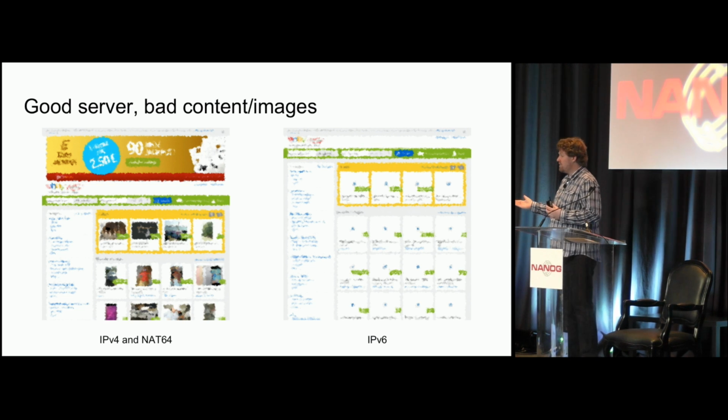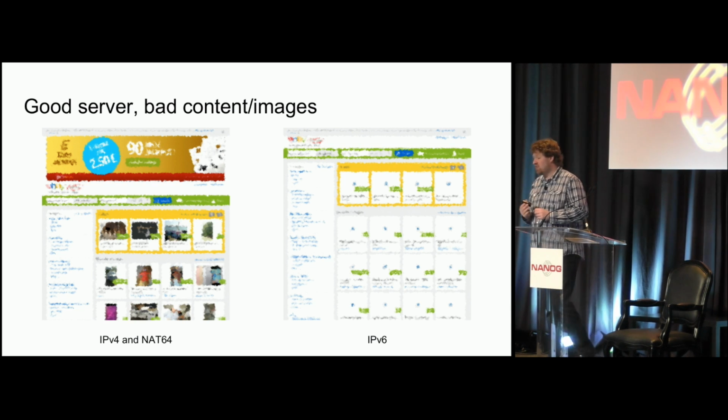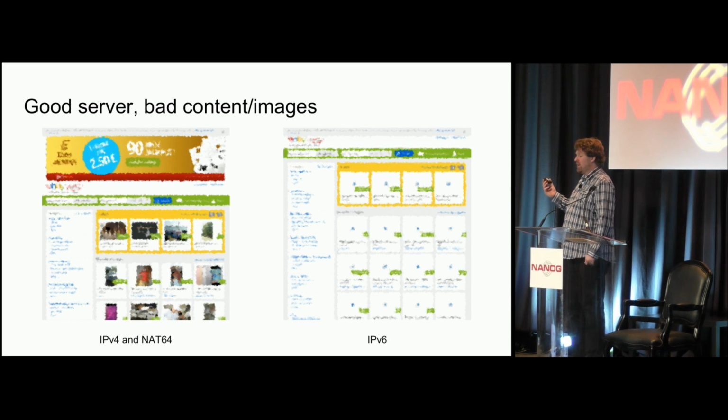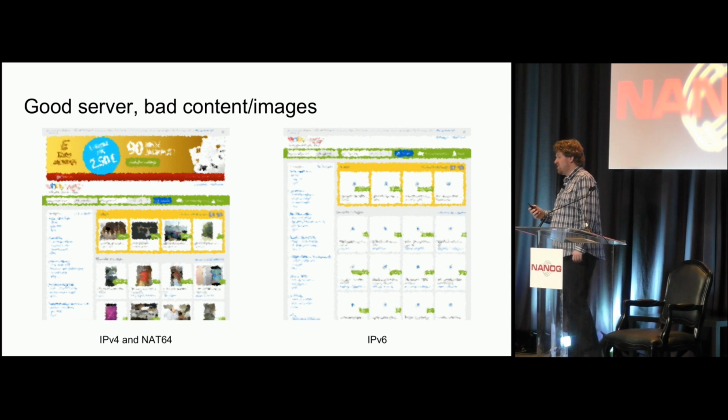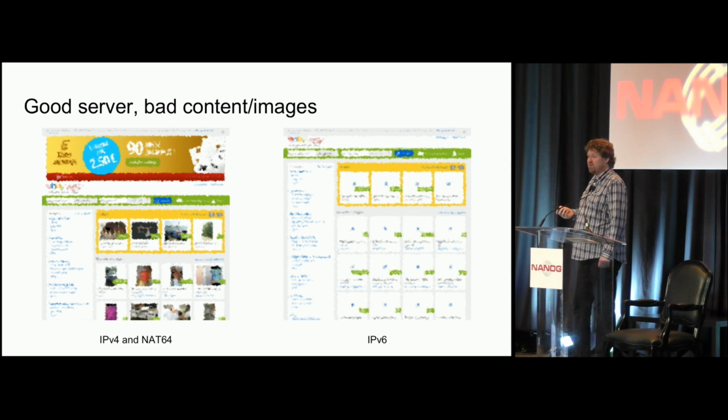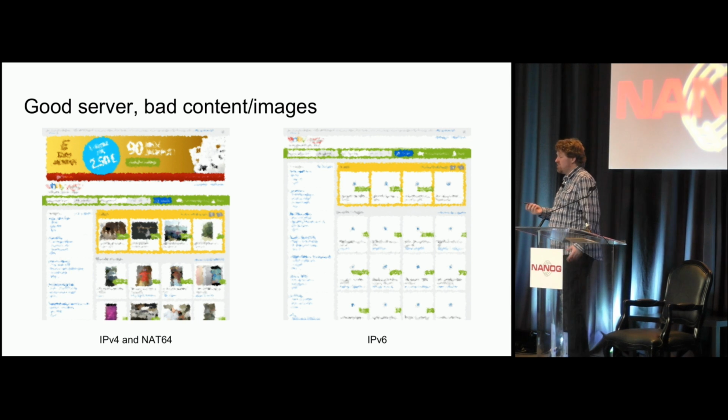So on normal IPv4 it just works. On NAT64 it works because NAT64 just makes sure that the v4 content is accessible. But on IPv6 only, the main website works, but all the images are broken. This is really sad. I mean, this website could very easily be completely v6 accessible if they fix those images. So getting there, but not quite.